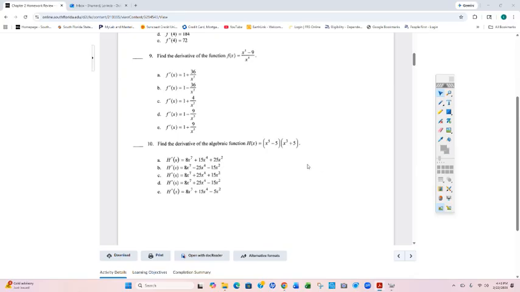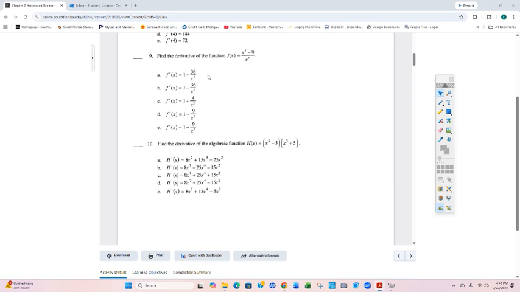A, f prime of x equals 1 plus, this is a fraction, 36 over x to the 5th. Okay, B, f prime of x equals 1 minus, this is a fraction, 36 over x to the 5th. C, f prime of x equals 1 plus a fraction, 4 over x to the 5th.